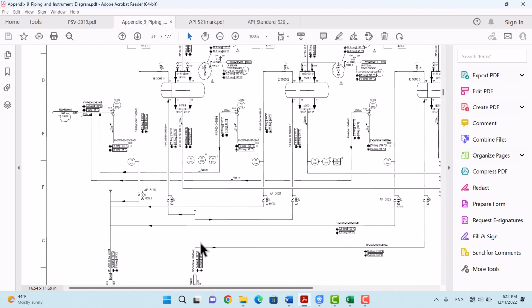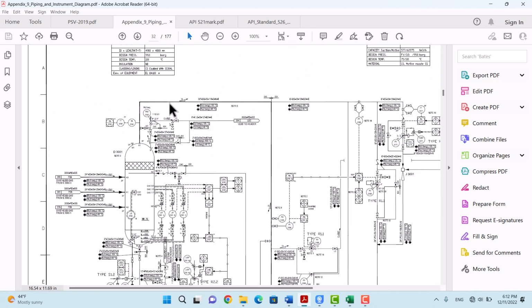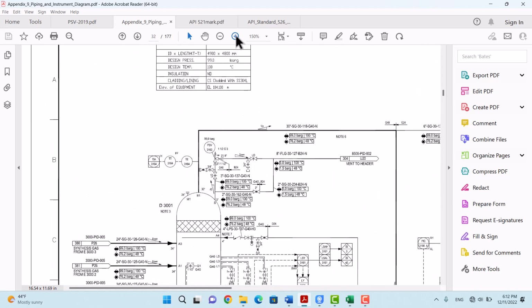For instance, this PSV. There is a PSV installed here on the vessel, and of course, process engineers are supposed to write down these designations. And what does it mean? 1.5 G3.